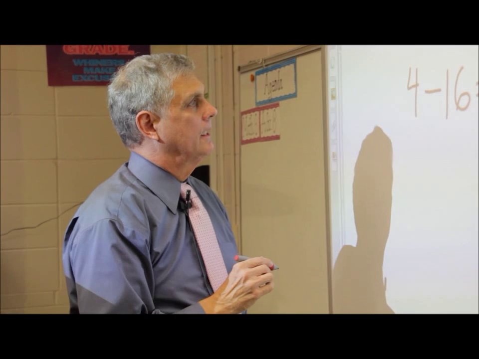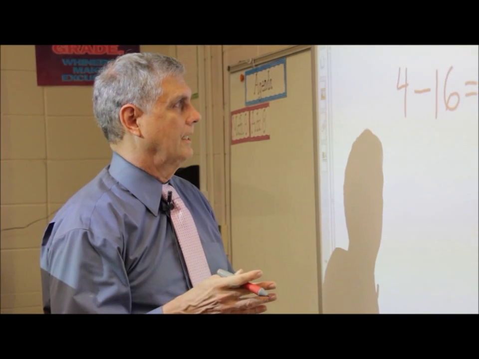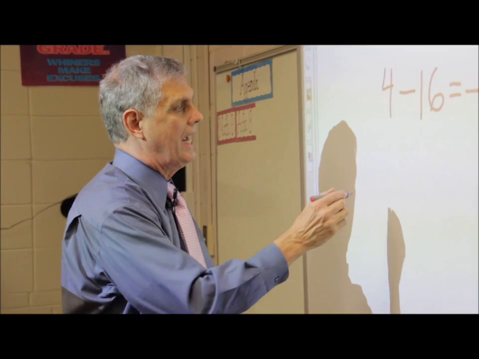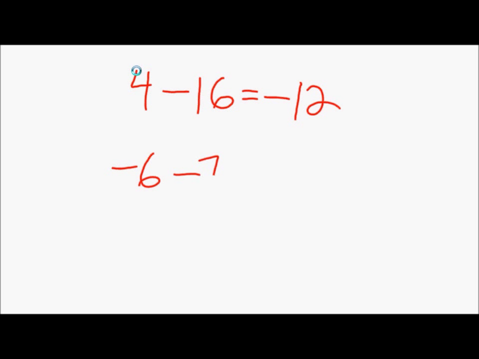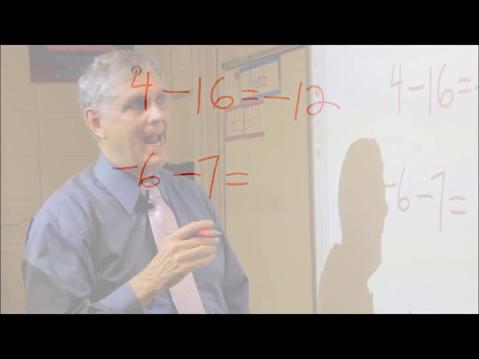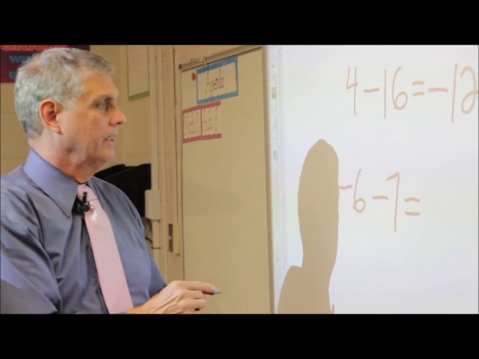Now, let's take a look at what happens if you have the same sign. If we have a minus 6 and a minus 7, we keep the signs of the two integers, whatever combination you're combining, and you add the numbers. Whereas up here you subtracted, down here you add.